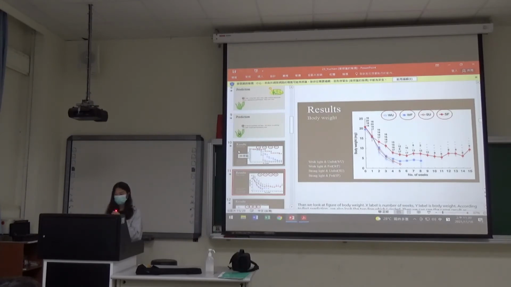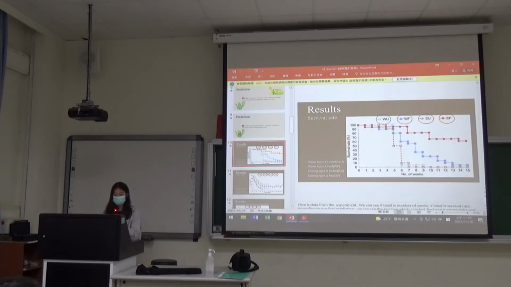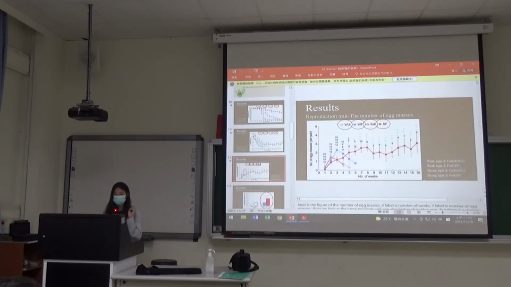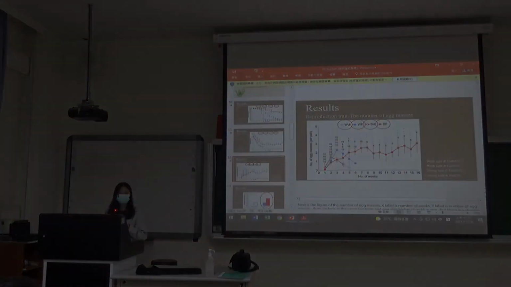Every group, yeah. Okay. For body weight and survival rate, these two are used. Every group is 20 individuals. And for the reproductive traits, all are 10 pairs.